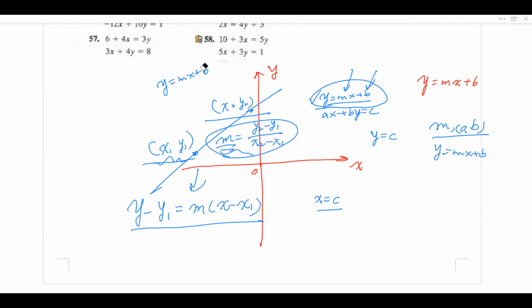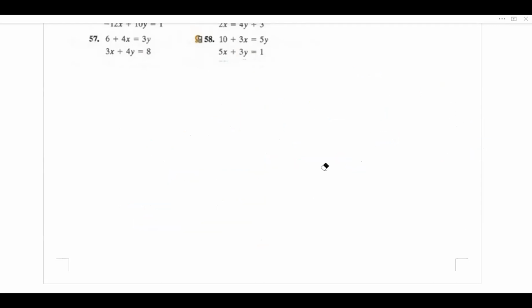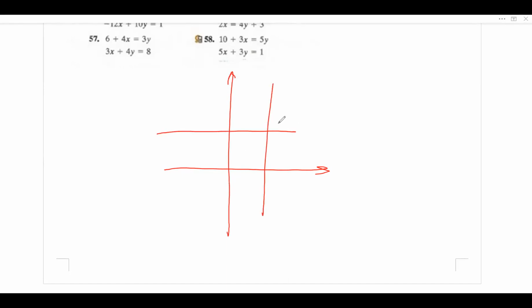So there are so many different kinds of lines. There are two special lines, right? The horizontal line and the vertical line. Like this horizontal line, y equals c, the slope equals 0, right?